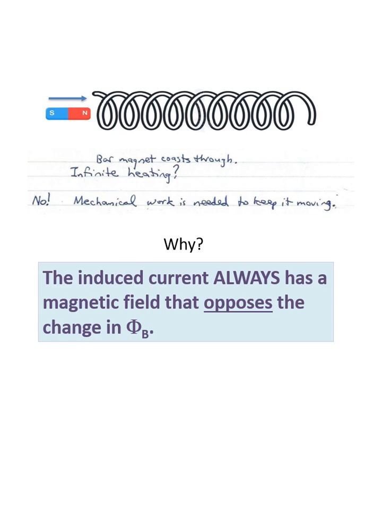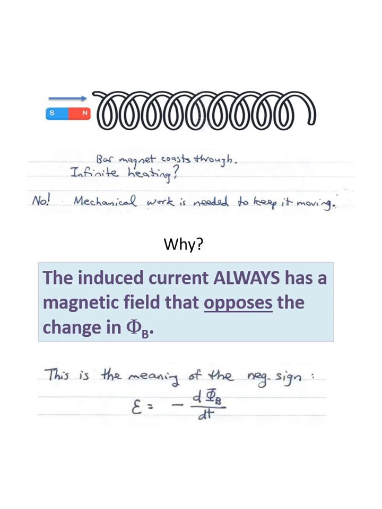Well, the induced current is going to oppose that change in magnetic flux. And this is the meaning behind the negative sign when we have the equation that the induced electromotive force is the negative of the change in flux over change in time, that rate of change.